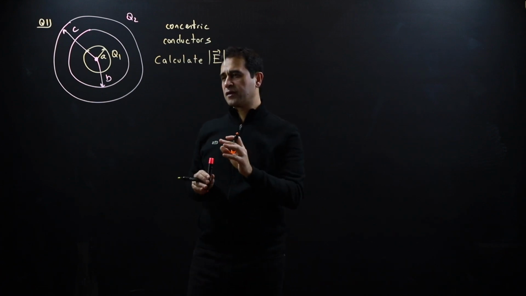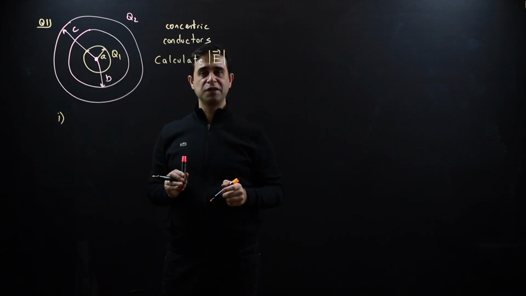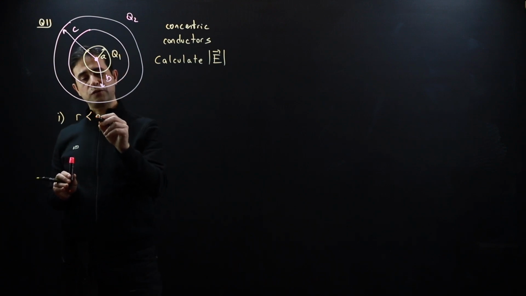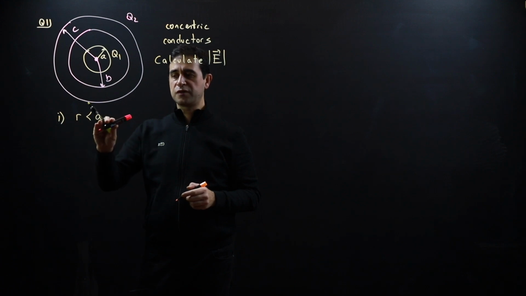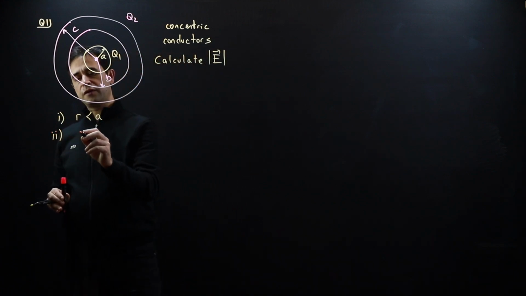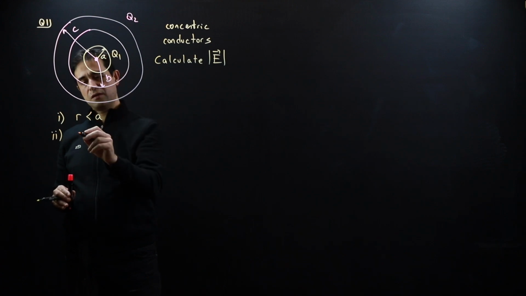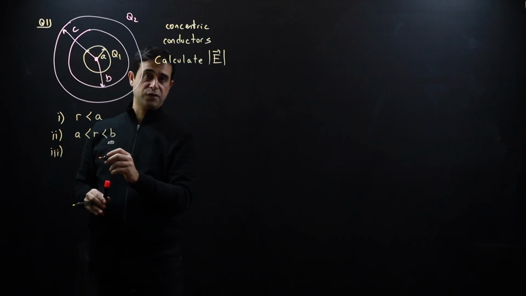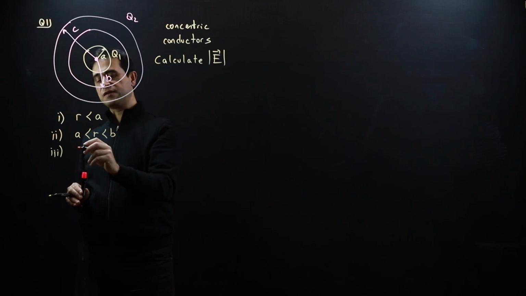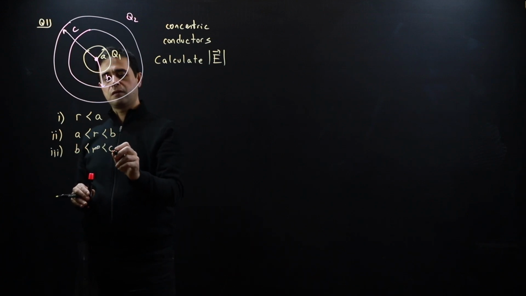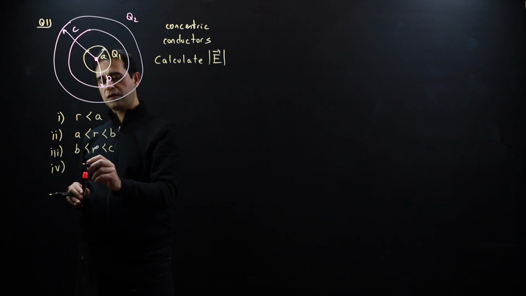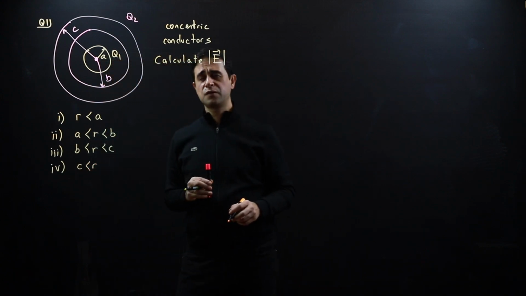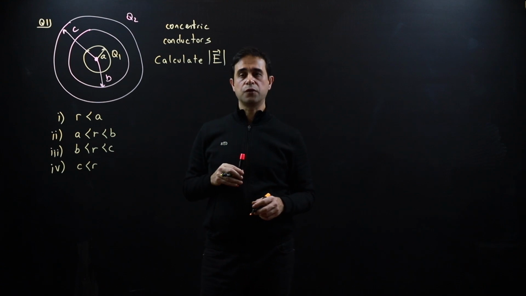First, where the point we're interested in is smaller than the radius of the inner sphere, so R is smaller than A. Part 2 is between A and B. You can probably guess the remaining parts: between B and C, and finally, when the radius is bigger than C. So it's 3 different regions. Calculate the electric field for those.